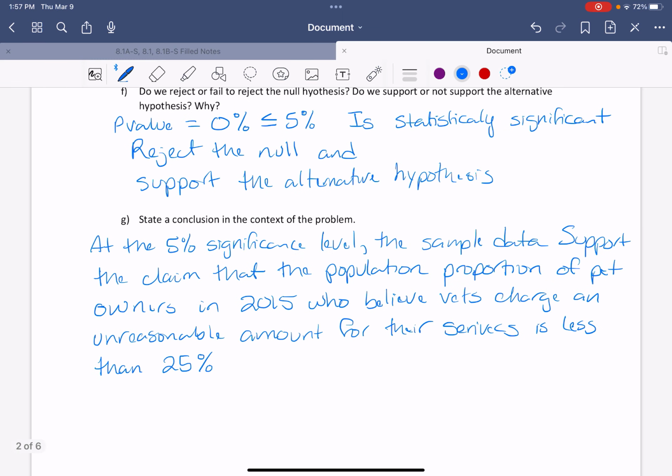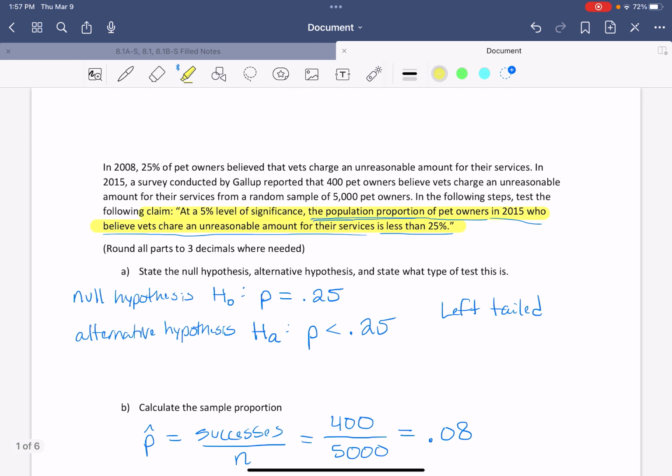I want the significance level, then whether the sample data support or not support, and we are saying support because we're supporting the alternative hypothesis. Then the claim, copied word for word. That's a safe way to be sure you're not missing any piece.